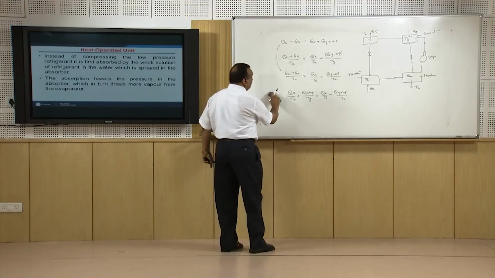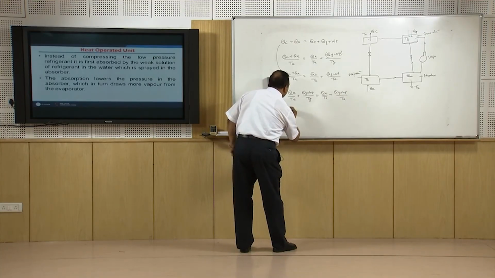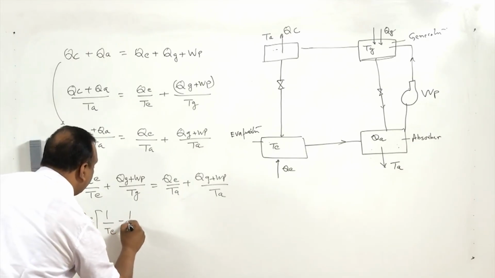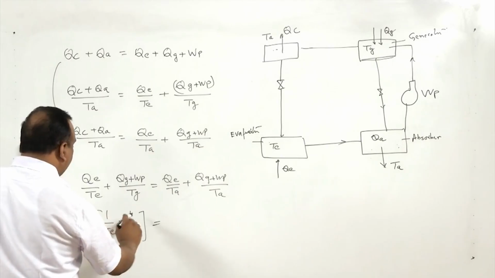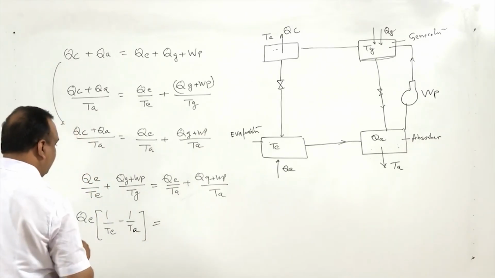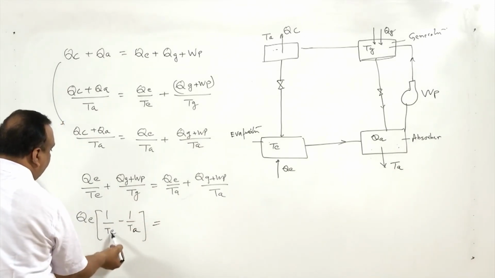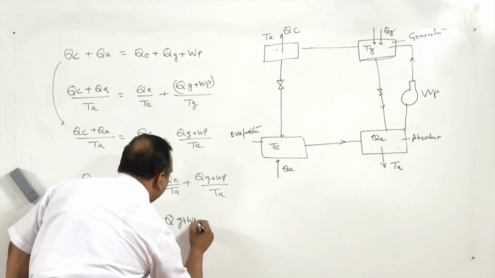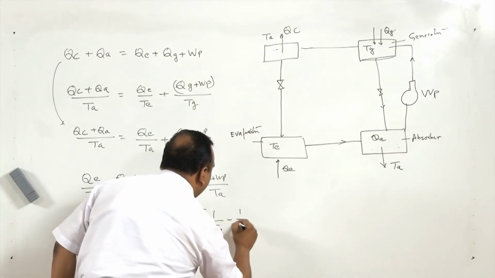Now, if we further rearrange these terms, we will be getting QE (1 by TE minus 1 by TA), because this term is taken to this side, so QE will be common, is equal to (QG plus WP) (1 by TA minus 1 by TG).